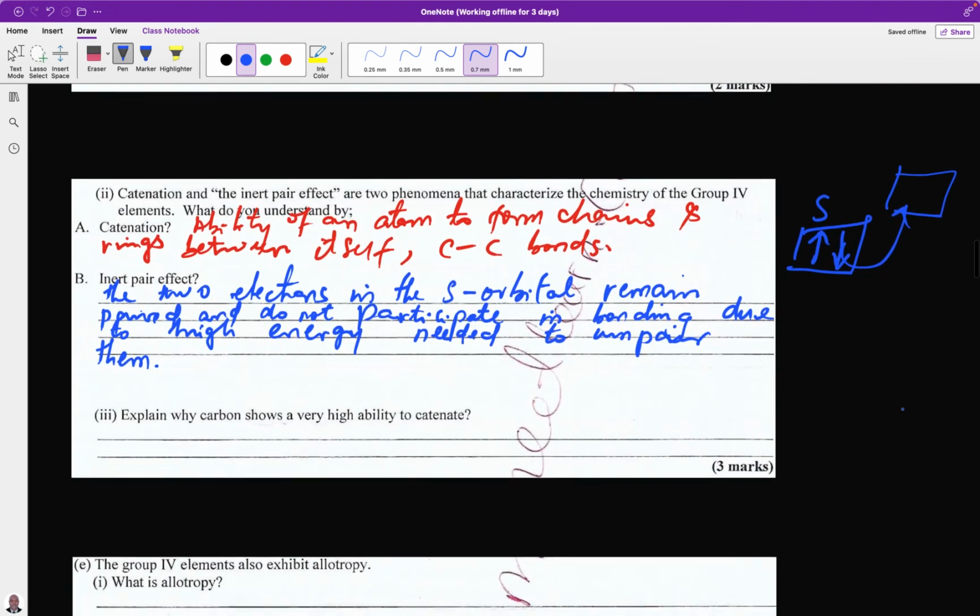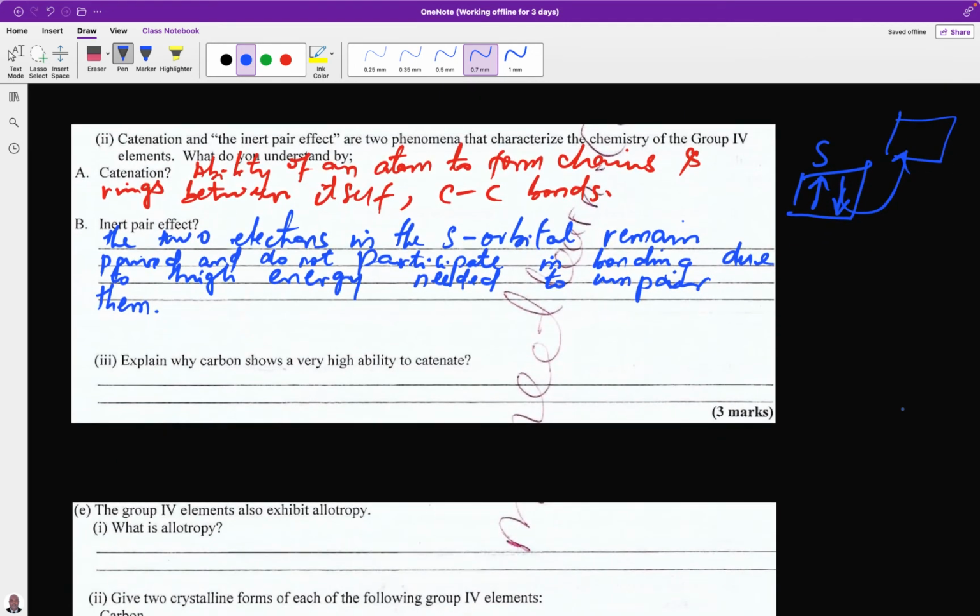Okay, it takes us to explain why carbon shows a very high ability to catenate. That is, the ability of carbon to form chains and rings between itself. Why? Explain why it has that ability.